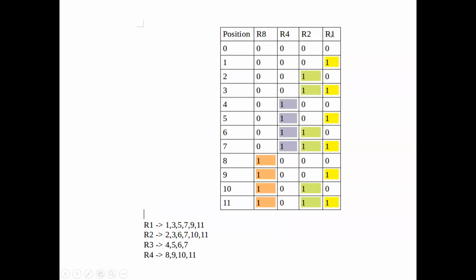Here, for R1, we take position 1, position 3, position 5, position 7, position 9 and position 11.